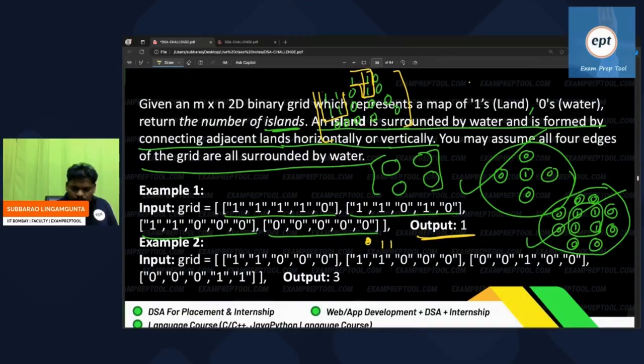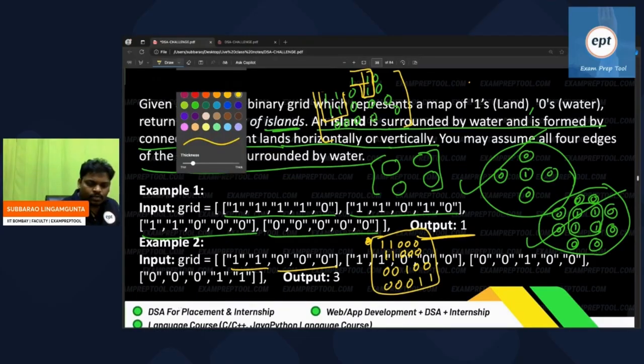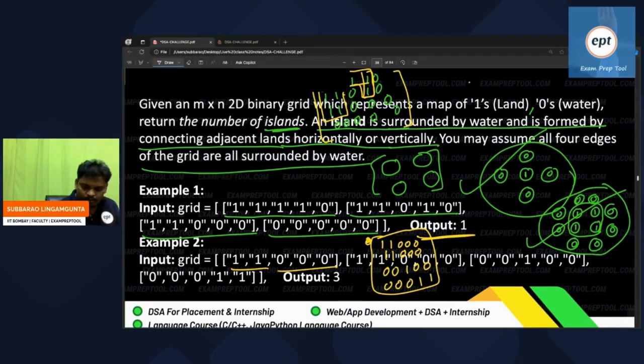First row is 111000. Second row is 110000. Third row is 00100. Fourth row is 00011. Now if you observe this entire grid, how many islands are there? Can you check one time? Let me try.